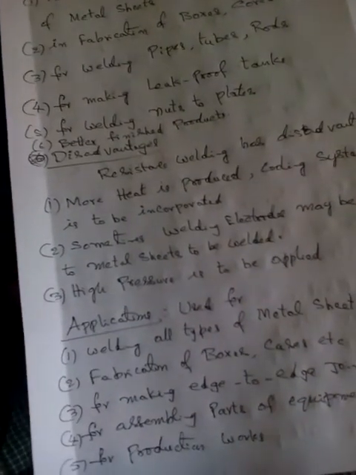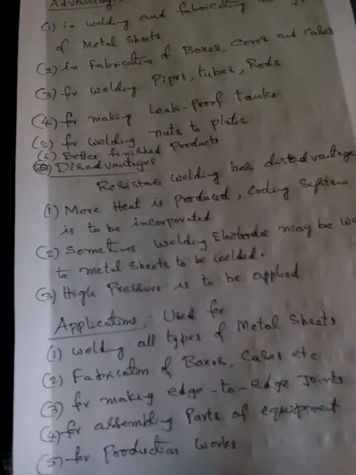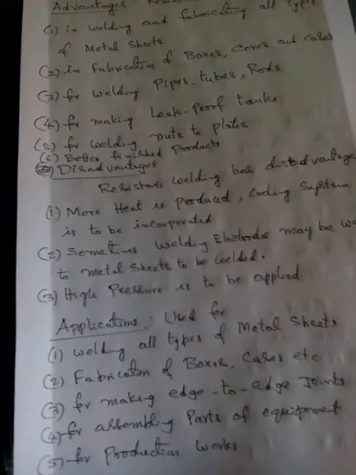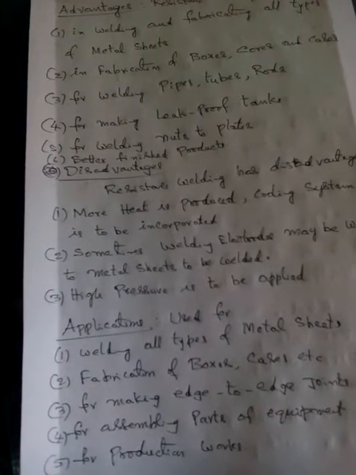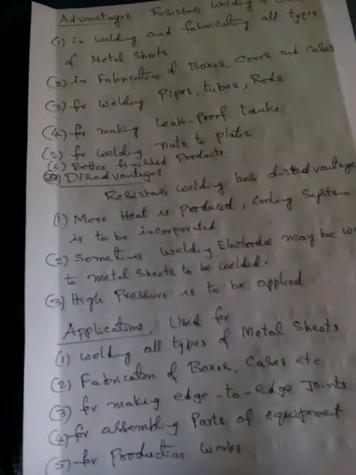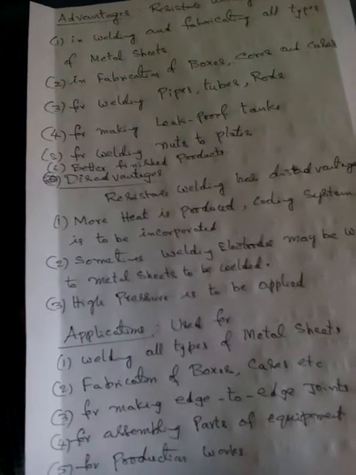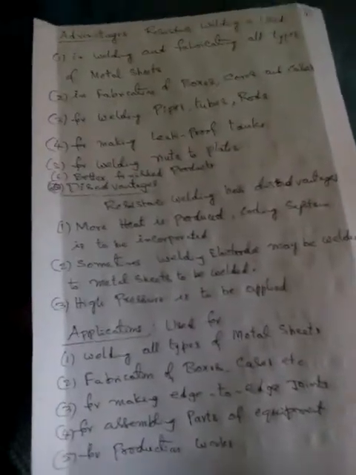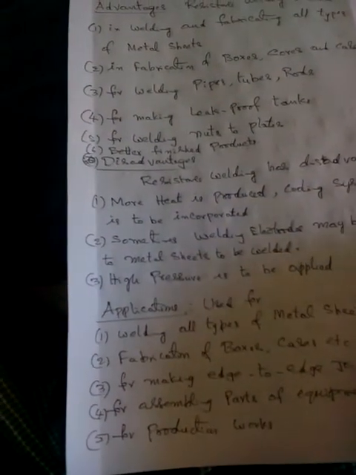This can be done on a large number of metal sheets or metal boxes or whatever finished products, and for welding pipes, tubes, rods, etc. This process is very fast. So these are some of the advantages, disadvantages, and applications. This is the most commonly asked question: what are the advantages, disadvantages, and applications of electric resistance welding?